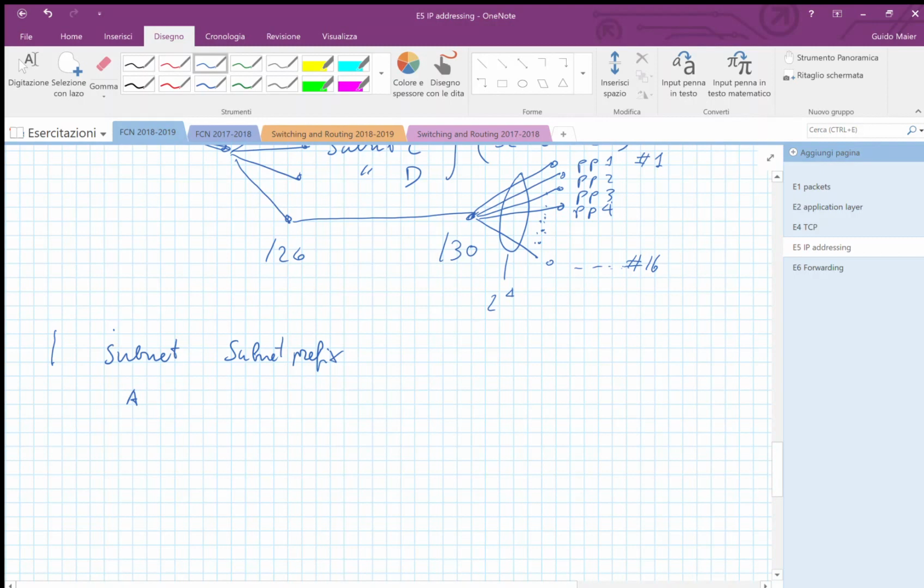So subnet A, since it's the first one, will start at the beginning of the entire block of the network, so the address will be exactly the same as the block of the network.